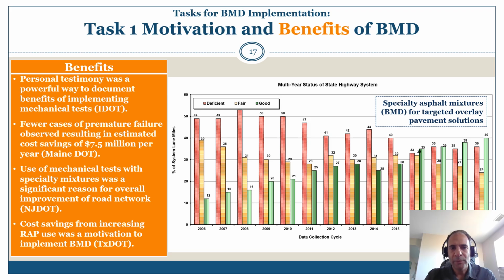An overall improvement in the condition of the state DOT pavement network is observed. The percent of system lane miles in good condition increased in 13 years from 12% to 40% since the implementation of the specialty mixtures with performance testing.